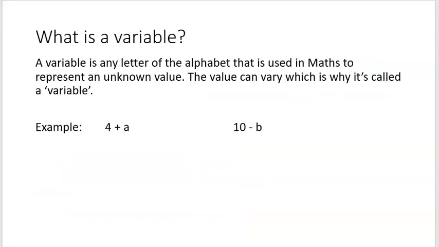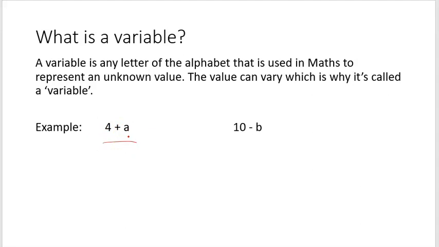Okay, what is a variable? A variable is any letter of the alphabet that is used in maths to represent an unknown value. Any letter of the alphabet means it can be A, B, C, D, E, F, G, all the way through to Z. The value can vary, which is why it's called a variable. In this first example, we've got 4 plus A, but we don't know what the value of A is.